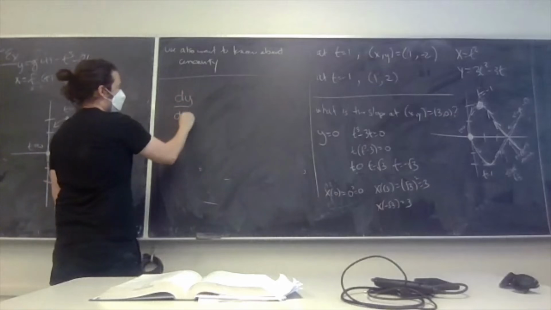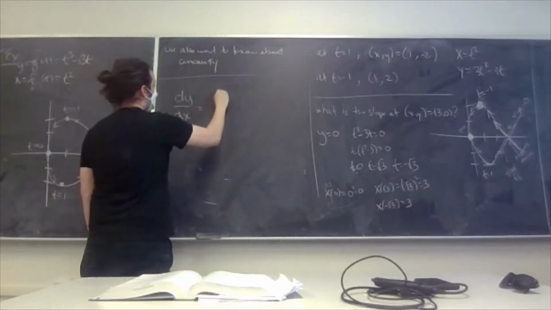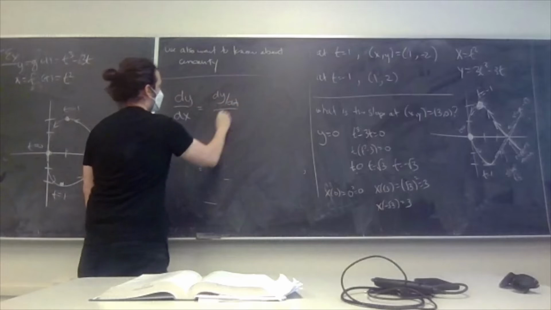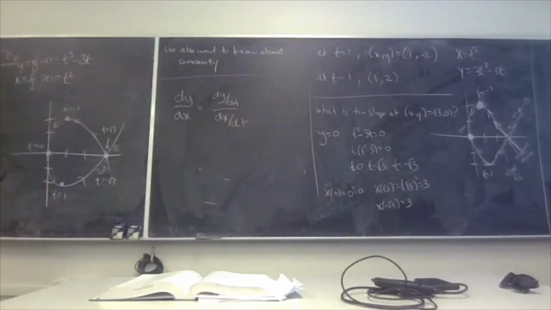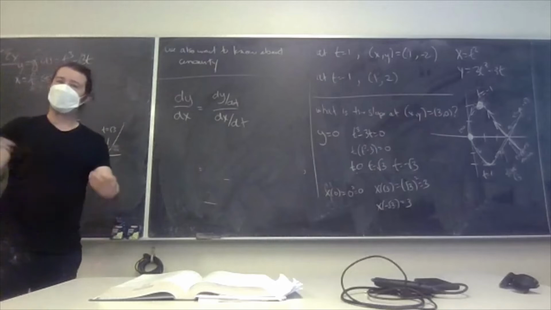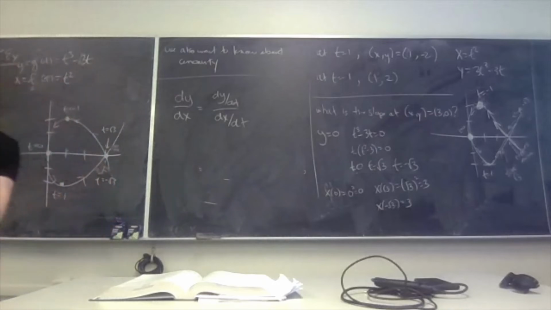dy/dx is equal to dy/dt over dx/dt. So we're going to use the engineer's trick again. One way to think about the second derivative is it's the derivative of the first derivative. That's what a second derivative is, right?